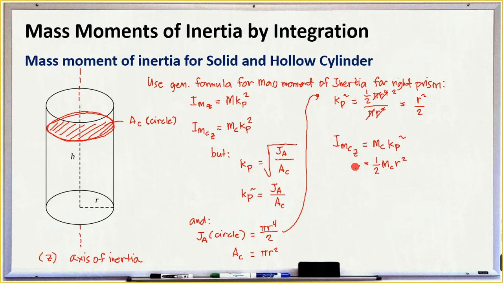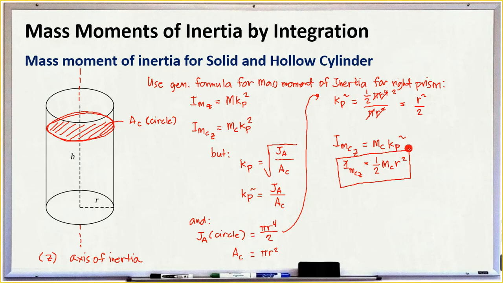So this is the general formula for the mass moment of inertia for a solid cylinder. That is 1/2 times its mass times the radius square.